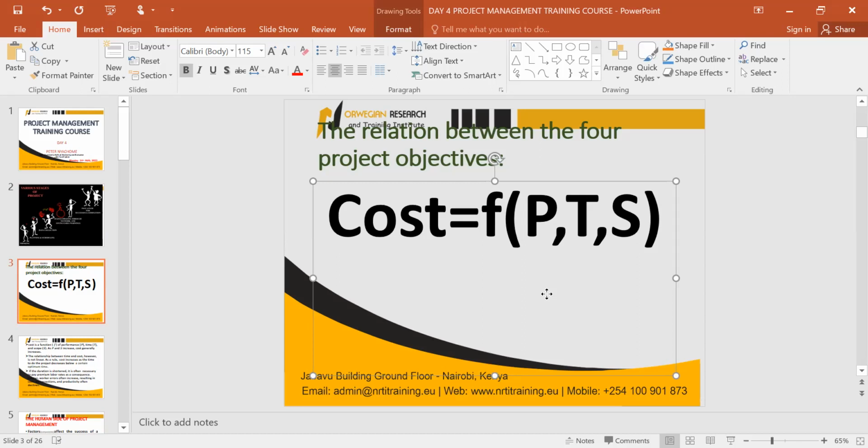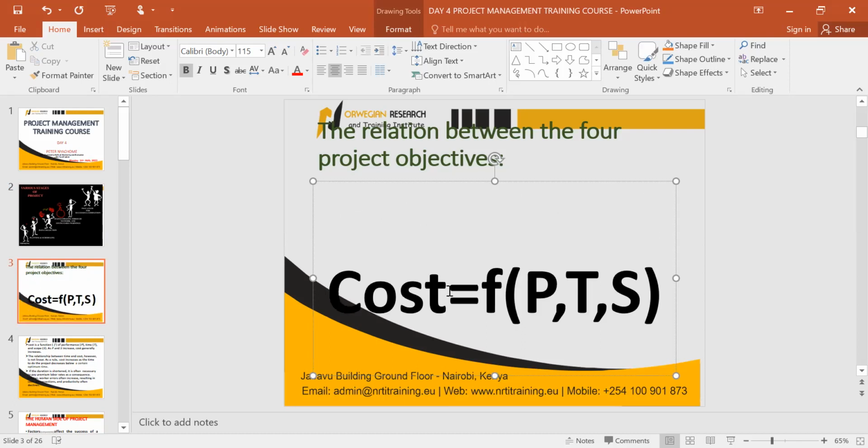Cost is a function of PTS. Those who at least did economics or mathematics, can you tell us, when I talk about X is a function of Y, or Y is a function of X, what does it mean?